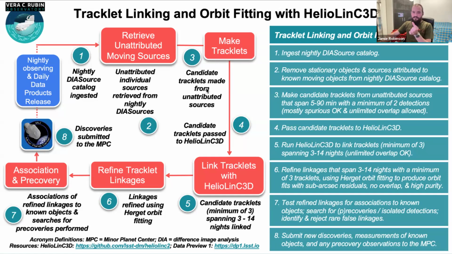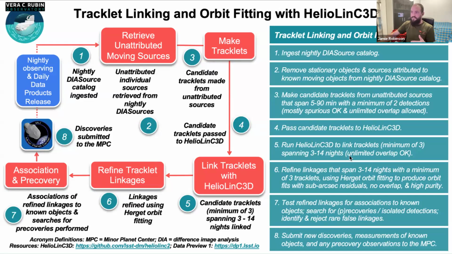But then these candidate tracklets are passed to this software package called HelioLink. What HelioLink does is take these small snippets, these tracklets on different nights, and link them into longer tracks. So that's what I was mentioning before: the pipeline will only submit things to the Minor Planet Center that they're reasonably confident are a moving object. To do that, you need to be able to make a longer track that's made up of at least 3 component tracklets.